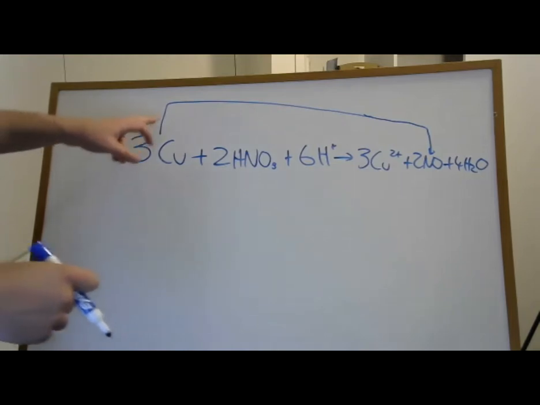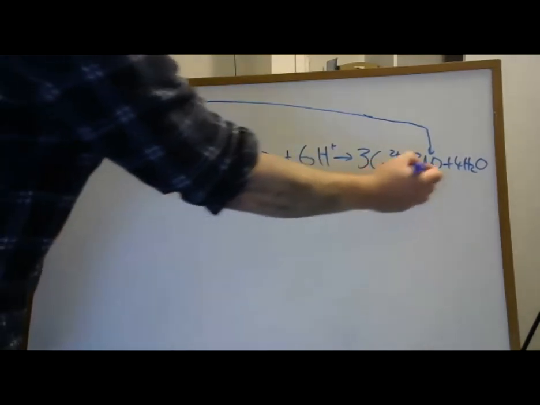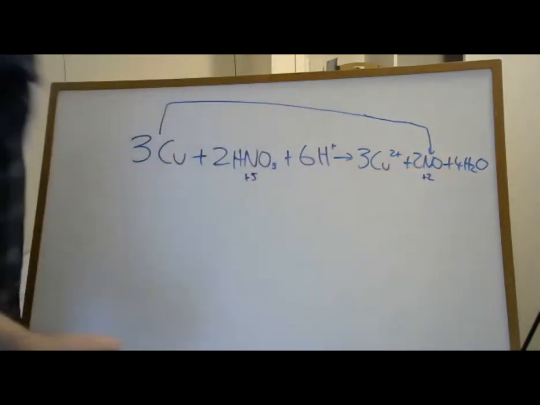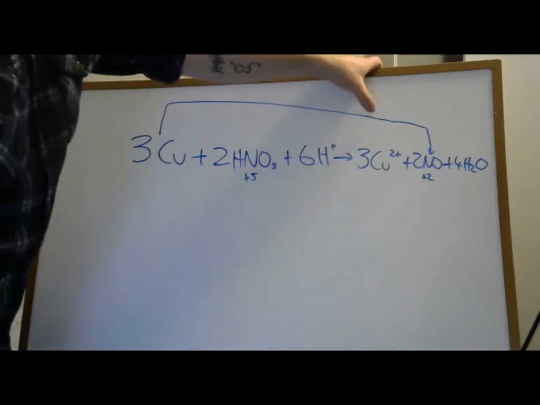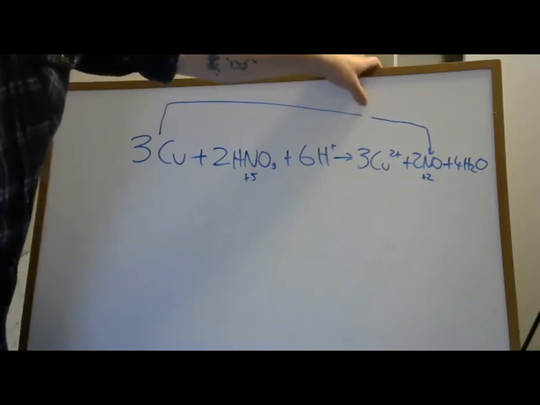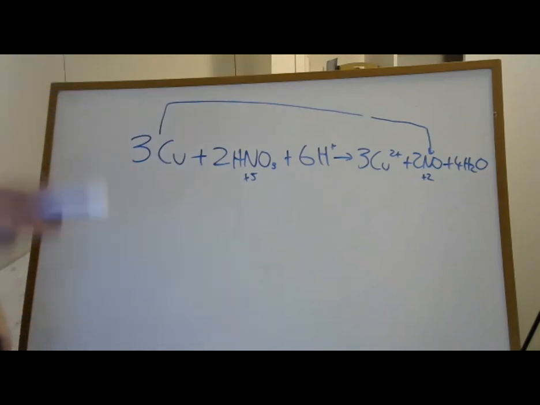So nitrogen goes from +5 to +2. And that is the final equation. I'm going to put up some videos breaking this down into smaller chunks because it's a lot to go through. Even after all these years it hurts my brain.